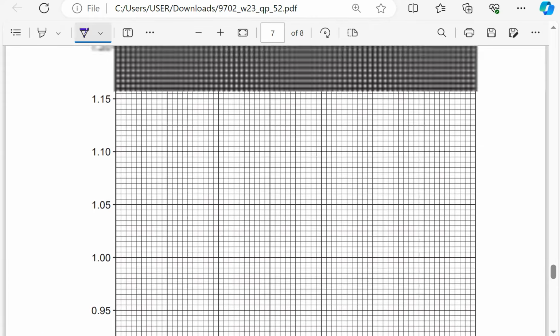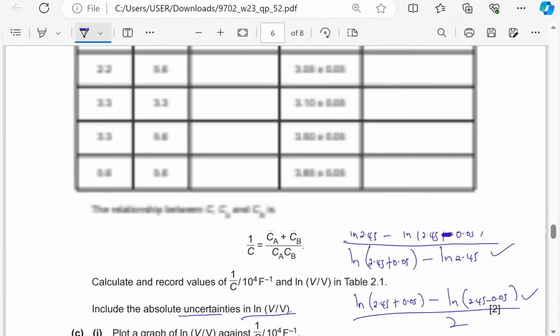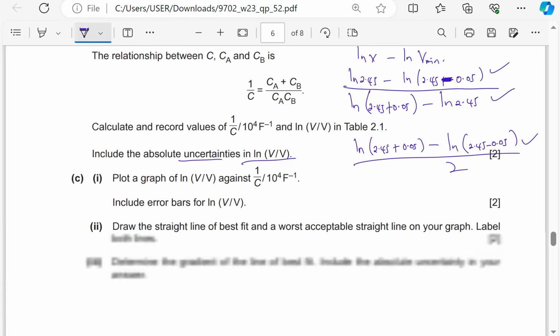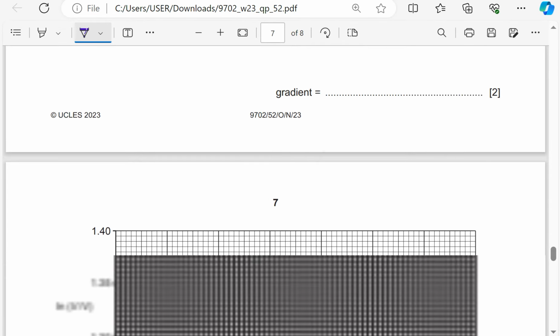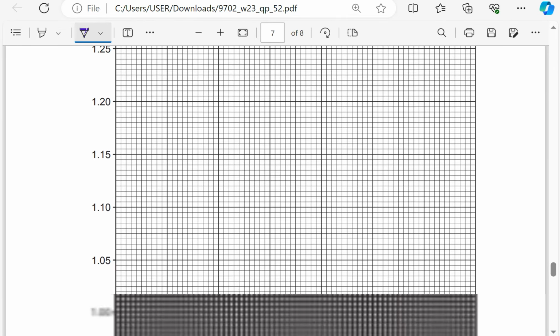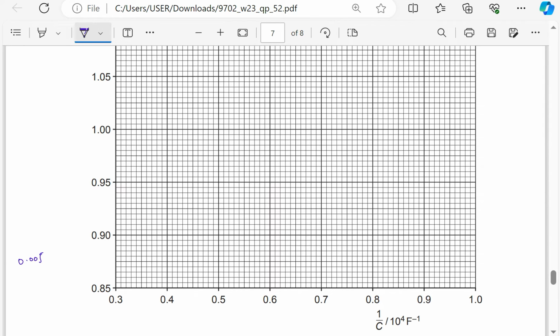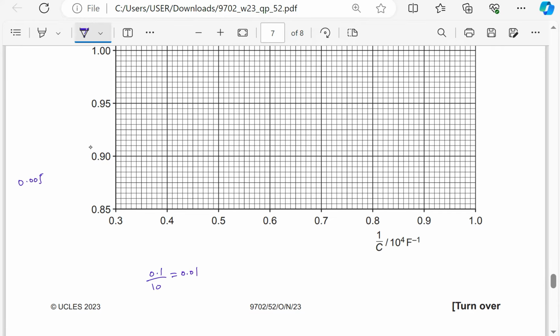Okay, so I want to plot the first point: on the x, it is 0.91, on the y, it is 0.896. Because each box is 0.01, 0.91 is going to be here.